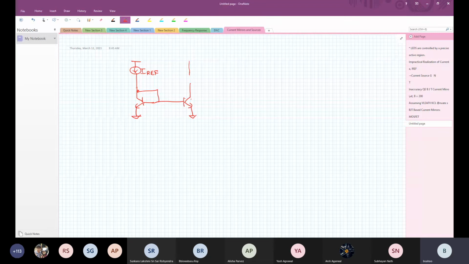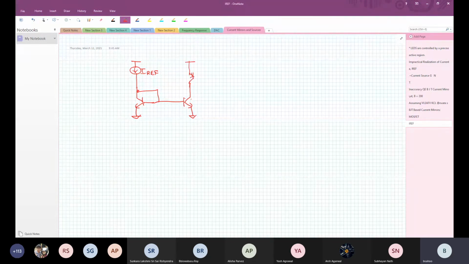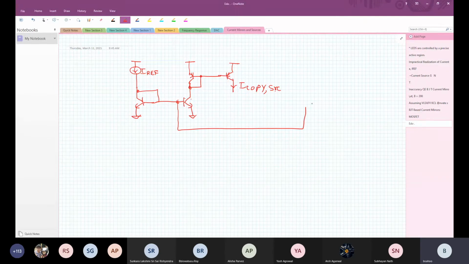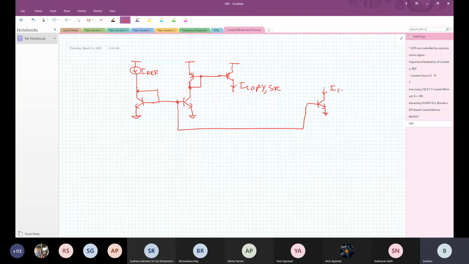I want to realize a current source, which I have already discussed. So you make this diode connection and make this diode connection, and this is I copy source, or I copy SRC source, and if I want I sync, this is I copy sync.